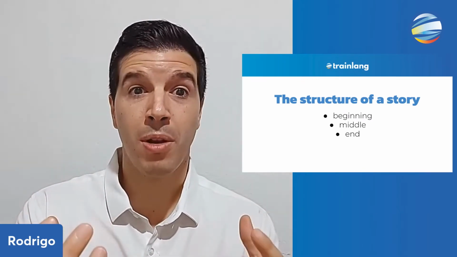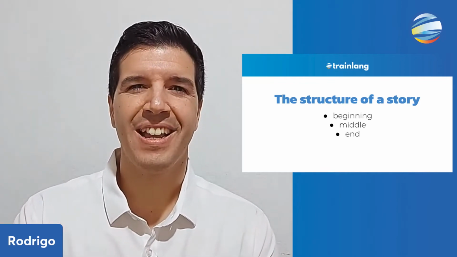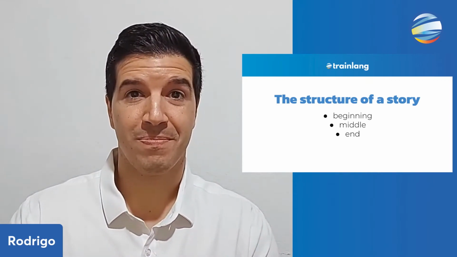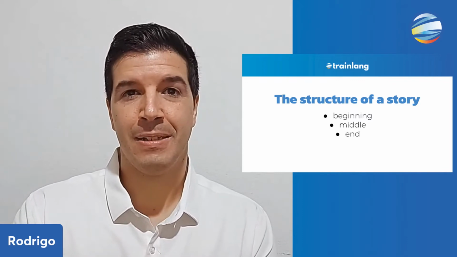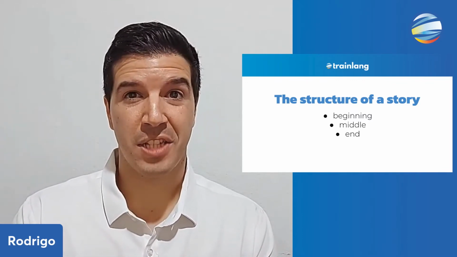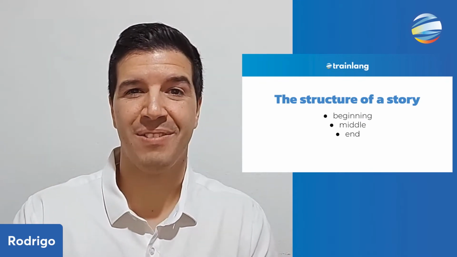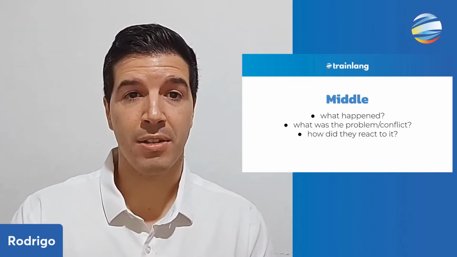What was the problem the characters had? And what did they do to solve the problem? And then finally, in the end, we see how the story ends. So, can they solve the problem? What happens there? So that's a very simple structure: beginning, middle, and end.